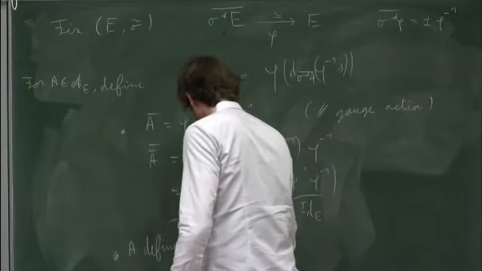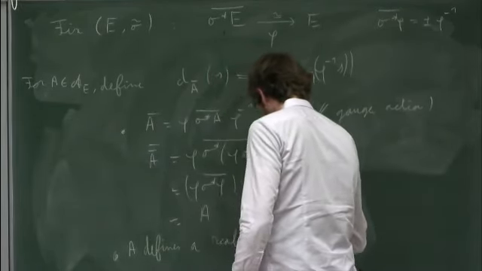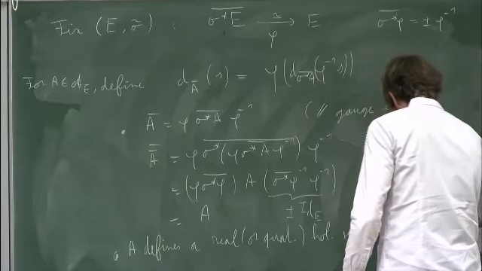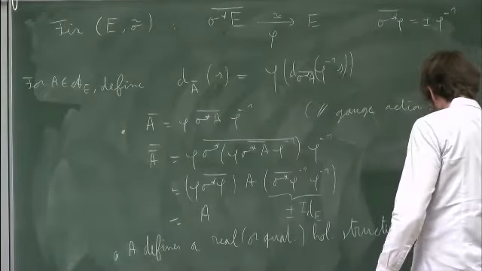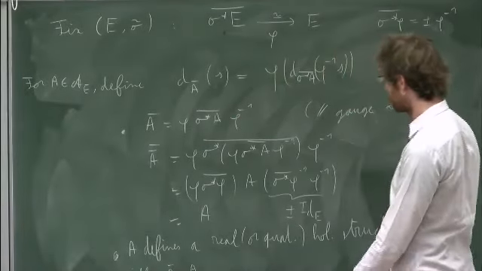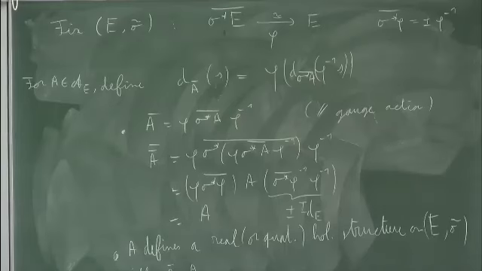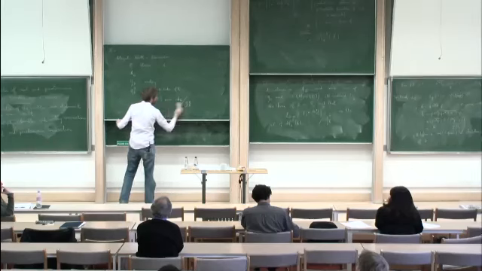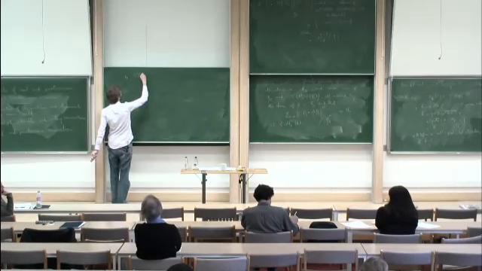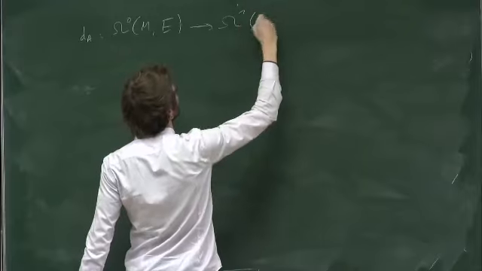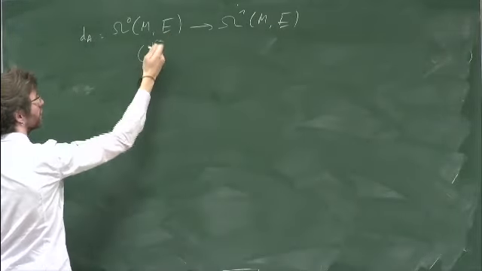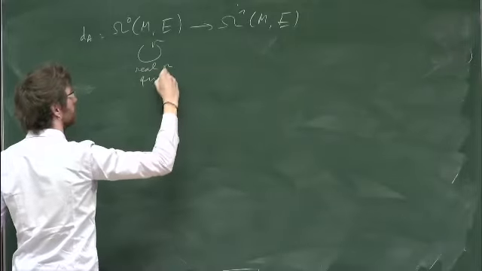A defines a real or quaternionic holomorphic structure on the Hermitian bundle E sigma twiddle if and only if A is fixed by this involution. So why is that? Well, because to define a real or quaternionic structure on E, you have the covariant derivative, which sends sections to one forms of E, and then because E is real or quaternionic, this has a real or quaternionic structure, and this also.